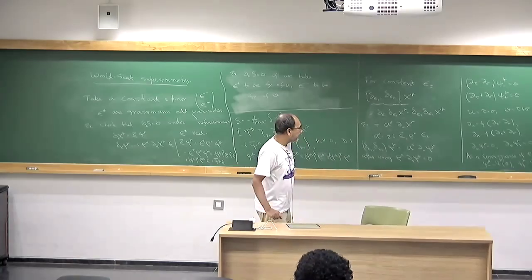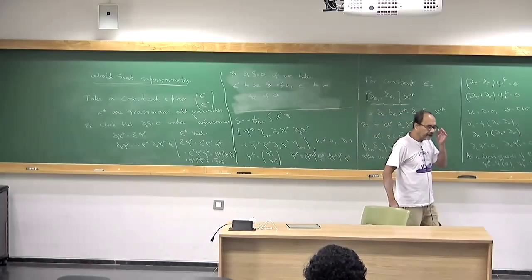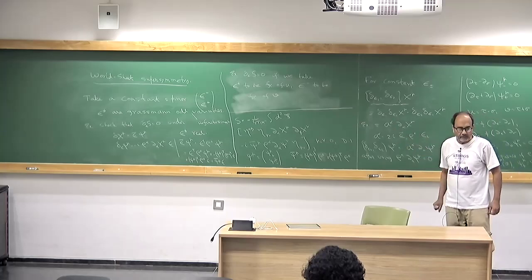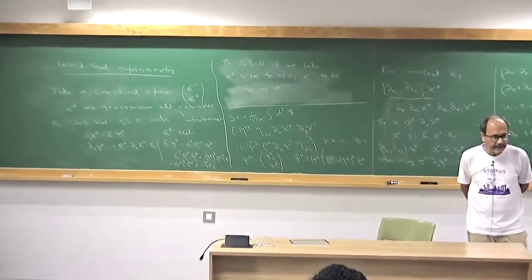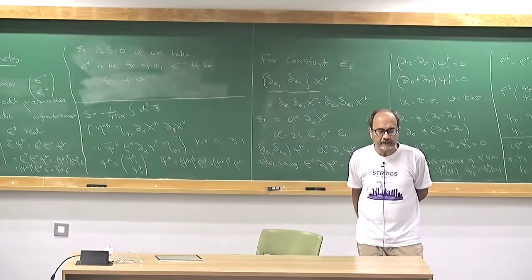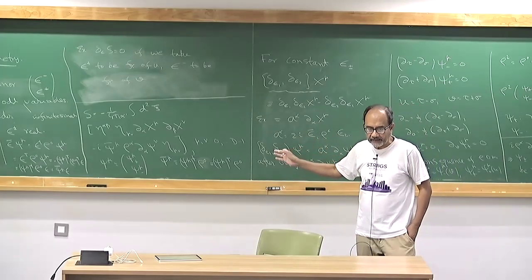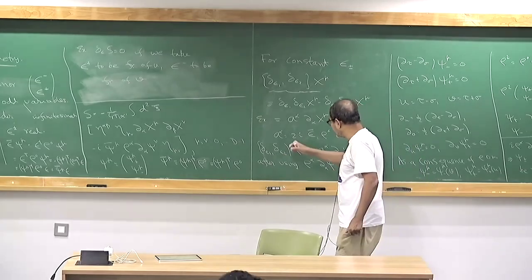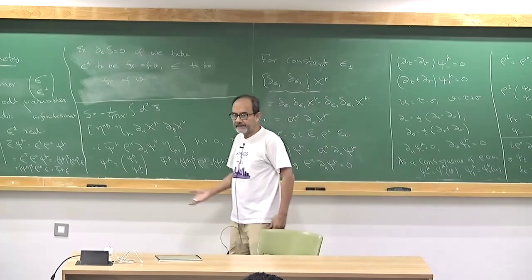Let me add here that if instead of taking constant epsilon, you had taken epsilon plus to be a function of u and epsilon minus to be a function of v, which are more general symmetry transformations, what we'll get on the right hand side are the Virasoro generators. For the transformations, the translation will still have this form, but A alpha will now depend on the space-time coordinates.